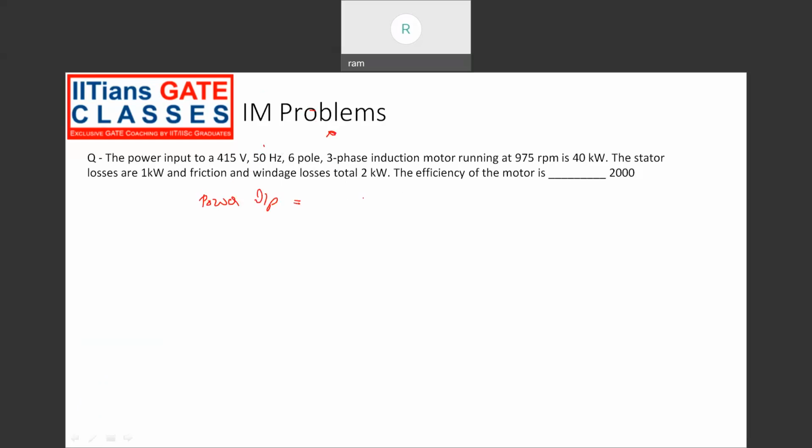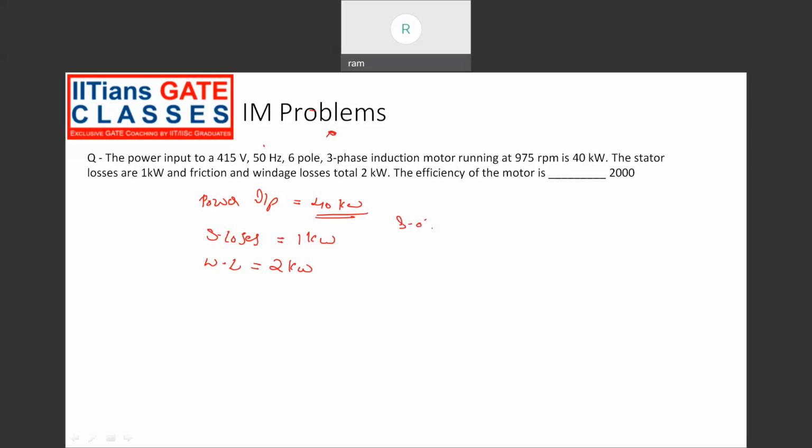Power input equal to 40 kilowatt. Stator losses equal to 1 kilowatt. Windage losses equal to 2 kilowatt.